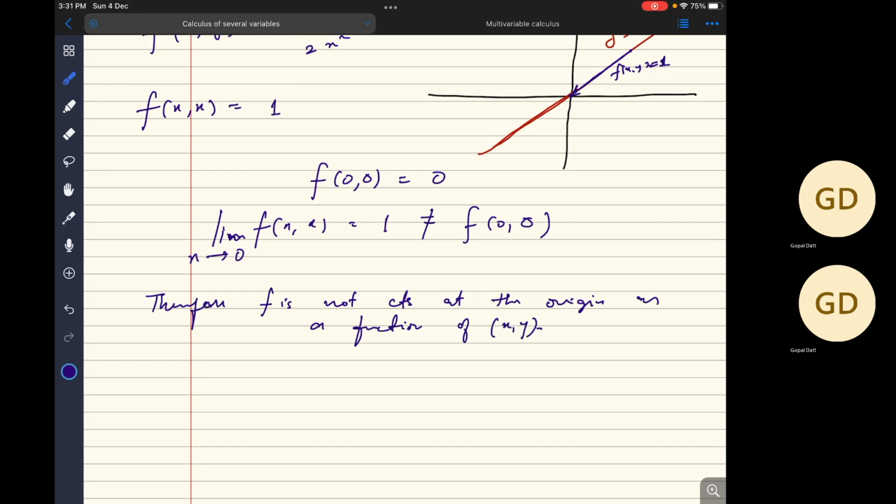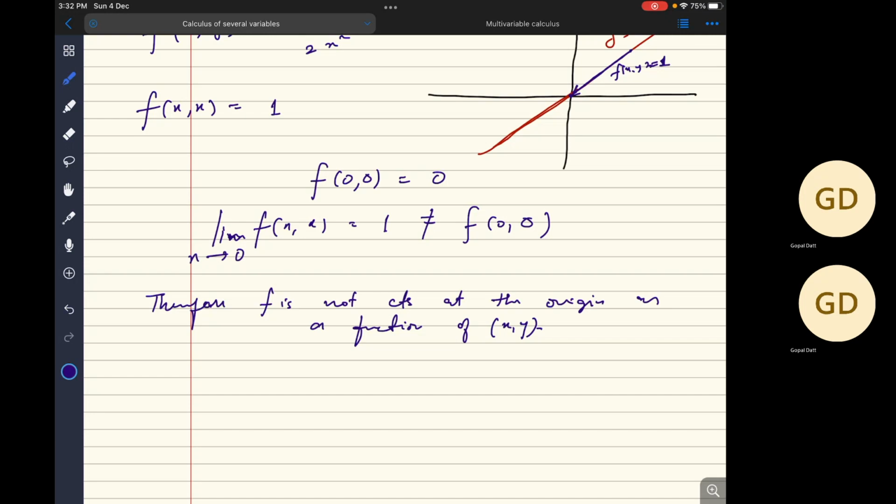However, it was continuous separately: for a fixed value of y, f was a function of x and it was continuous; for a fixed value of x, f was a function of y and it was continuous. But as a function of x, y, this function is not continuous at the origin.